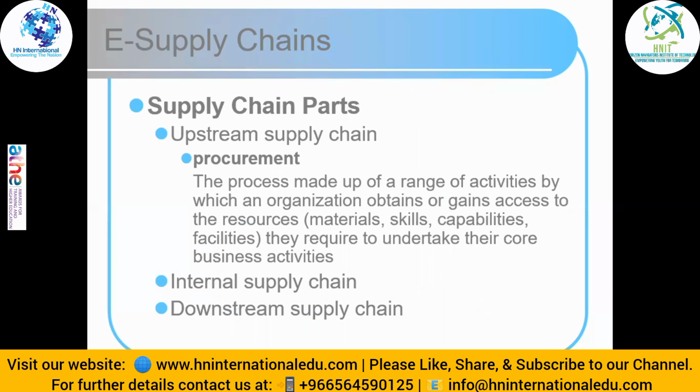It's the process of procurement: a range of activities by which an organization obtains or gains access to resources, for example materials, skillful persons, capabilities, and facilities they require to undertake their core business activities. So all the procurers are the main component of the supply chain. There are three major parts: upstream, internal, and downstream.